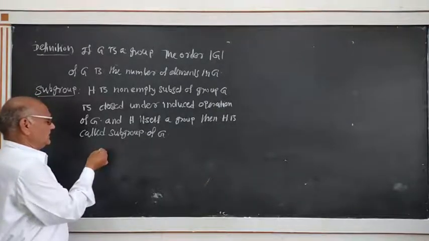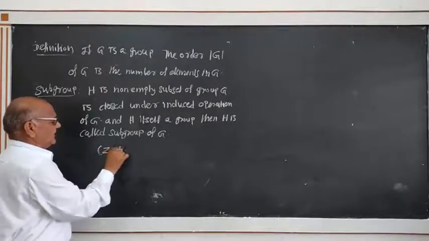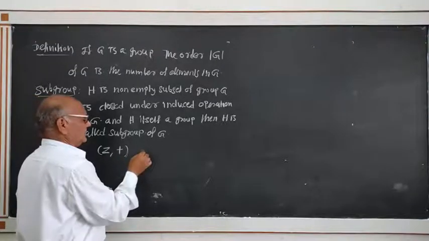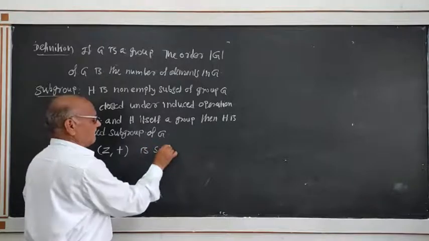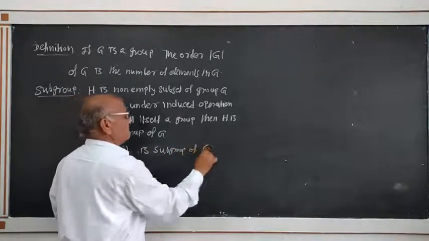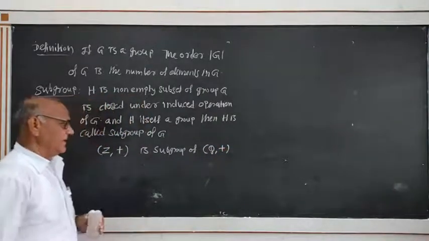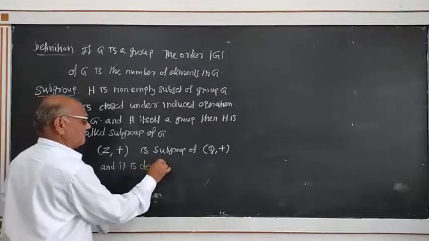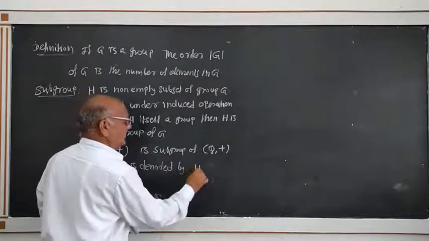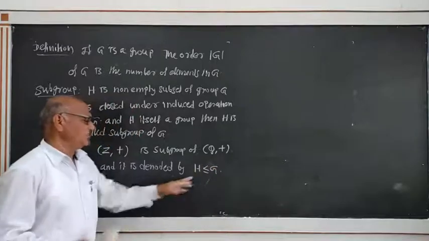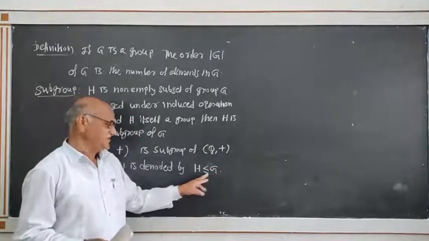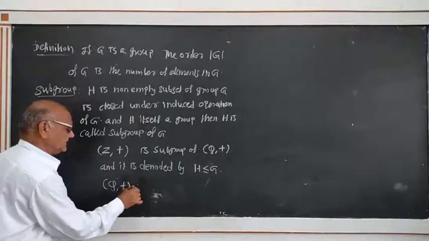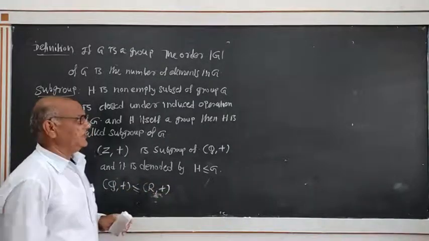For example, the set of integers under addition is a subgroup of the rationals, and it is denoted by H is less than or equal to G, read as H is a subgroup of G. Q plus is a subgroup of R plus, and like this.